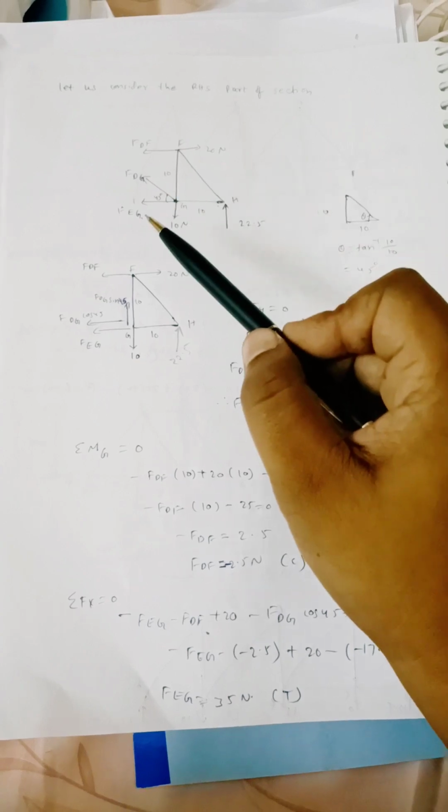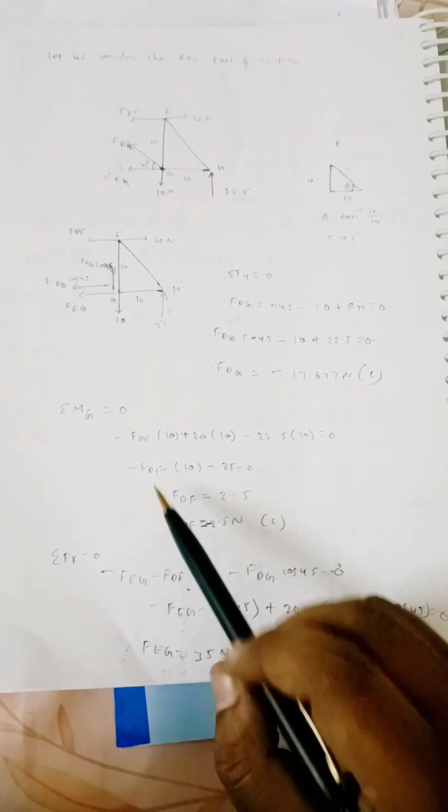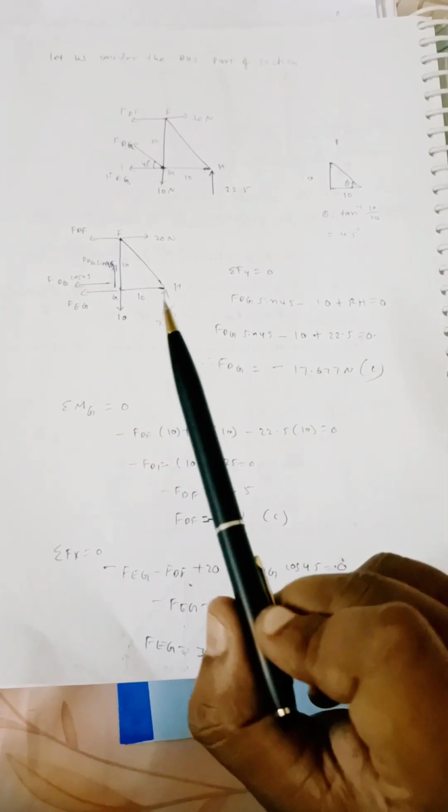So we have got this one and this one. Now to balance, I will apply sigma Fx equal to 0, one more equilibrium equation. Applying sigma Fx equal to 0, right side force equal to left side force.